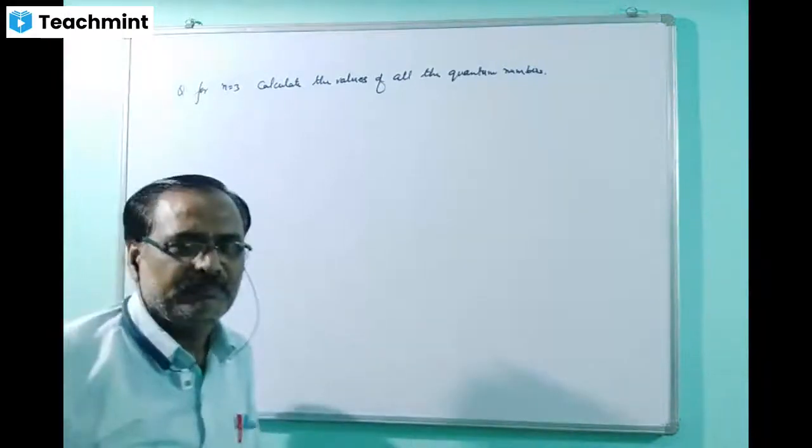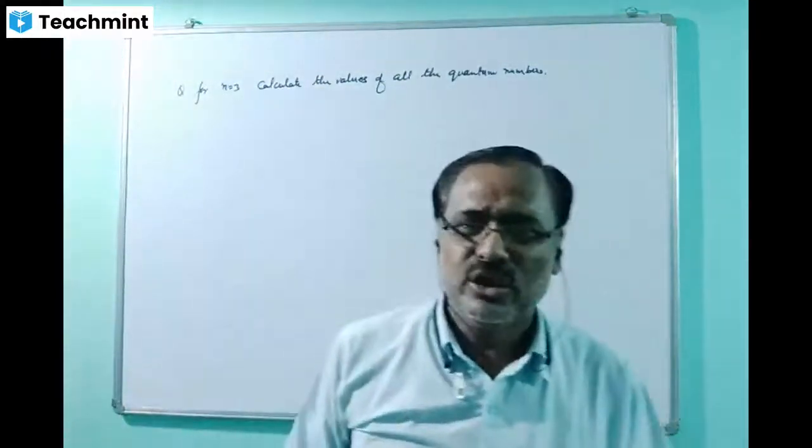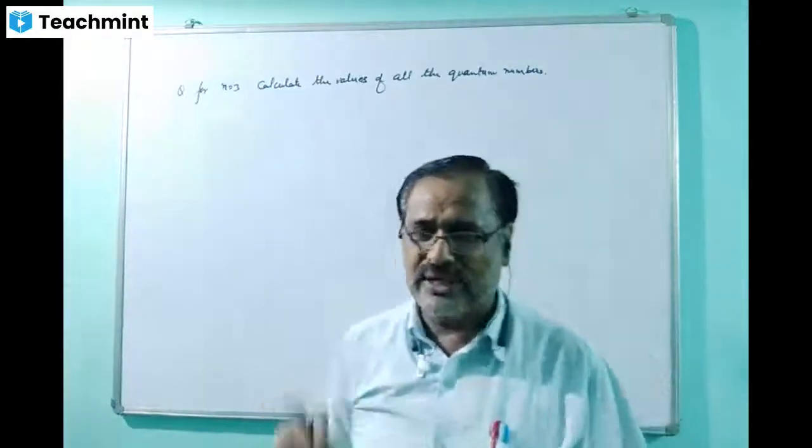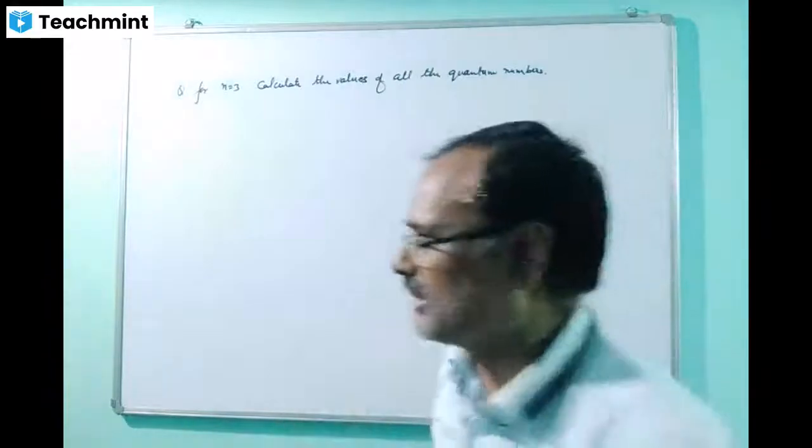This is the question. It means the principal quantum number is given to you. You have to find out the azimuthal quantum number, magnetic quantum number, and spin quantum number.